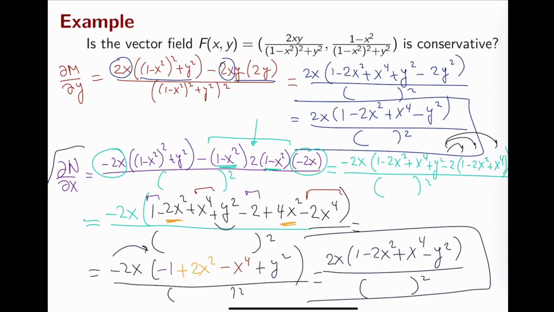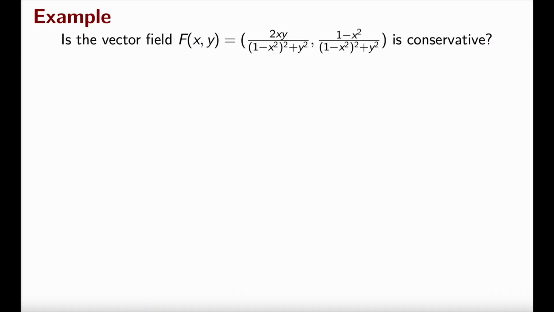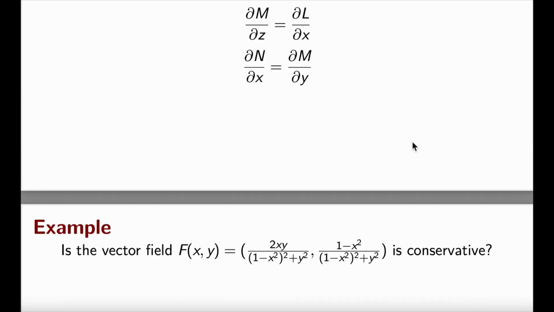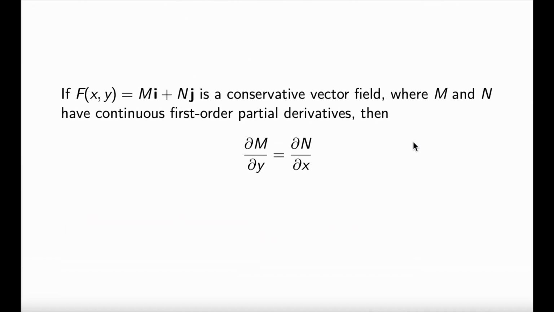So now let's compare this one. Is this actually the same as this? Well, we can see that it's exactly the same, right? So we got one in a very different way, but we got exactly everything the same. So we can say that this vector field is conservative in any simply connected domain. We cannot say that just because it satisfies this condition, since this is an if-then condition.